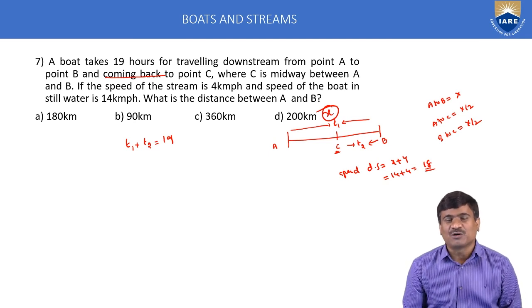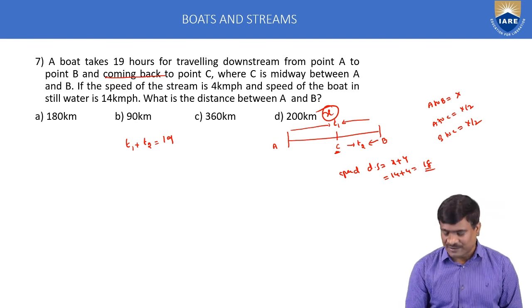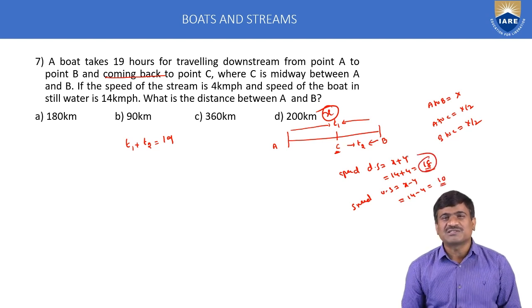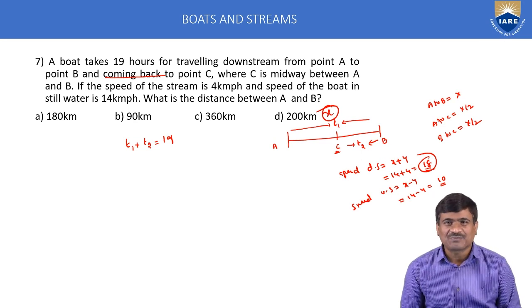Therefore, speed of a downstream x plus y, 14 plus 4 is 18 km per hour. And speed of a upstream is x minus y, where x is 14, y 4, 14 minus 4, 10 km per hour. Speed of a downstream, speed of a upstream, 18, 10 respectively.